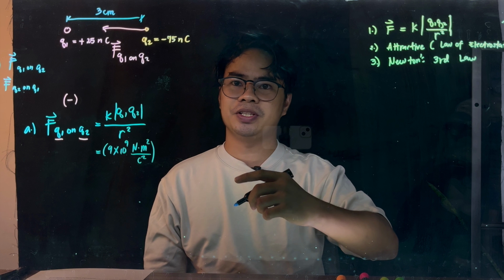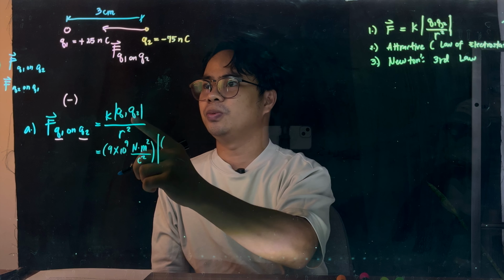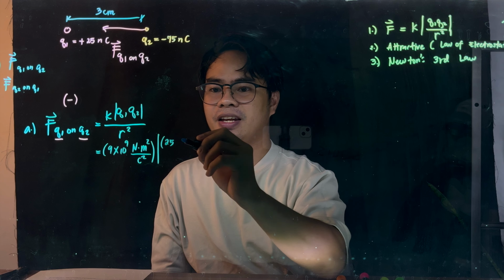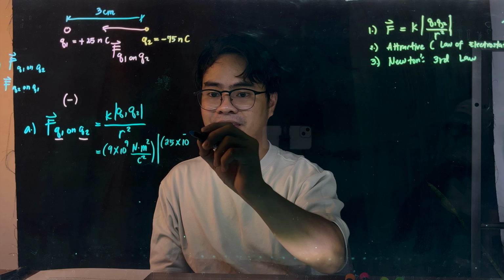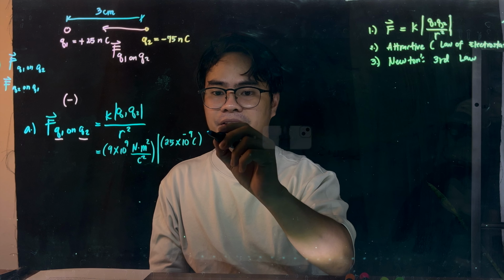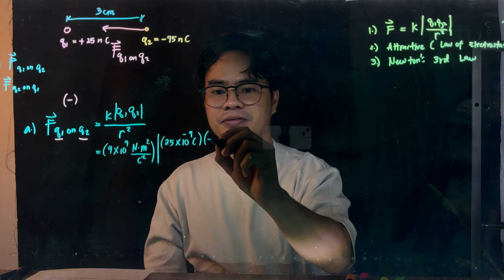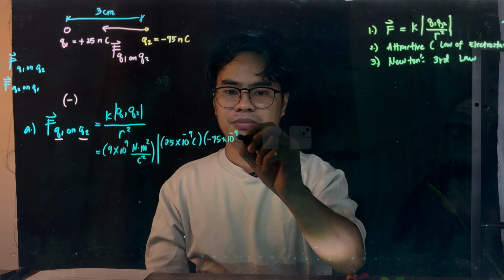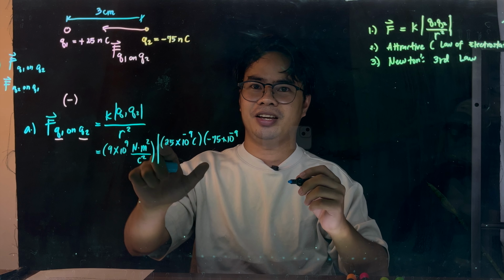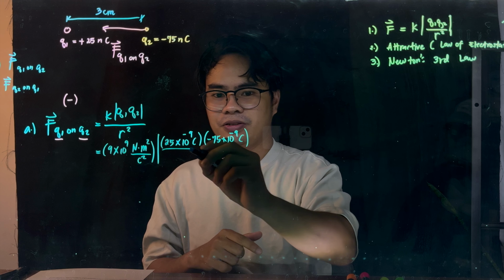And then we simply substitute the charges. Q1 is 25, and remember your prefixes, nano means times 10 to the negative 9 coulomb, and then Q2 is negative 75. Note I still wrote the negative there, but it doesn't have any effect because we take the absolute value, all over r squared.